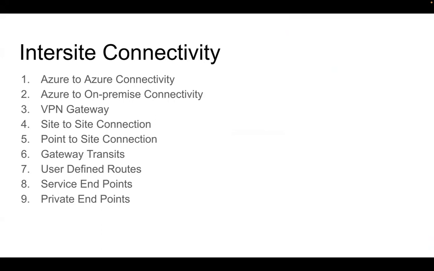And VPN gateway, site-to-site connection, point-to-site connection, gateway transits, user-defined routes. We'll also be covering service endpoints and private endpoints. For today, we'll be covering the first two topics, Azure to Azure connectivity and Azure to on-premise connectivity, and we'll be doing a lab on peering. The rest of the topics are small topics we'll be covering tomorrow.